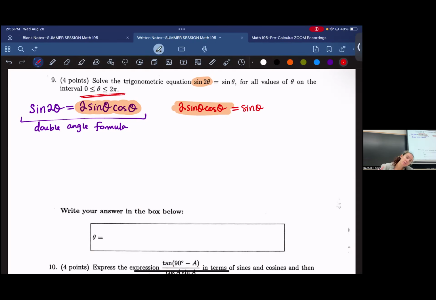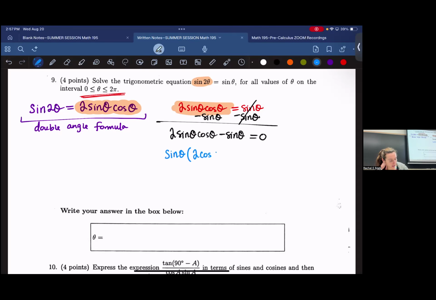Then I'm going to subtract sine theta from both sides, so 2 sine theta cosine theta minus sine theta is equal to 0. We can factor out a sine theta from each term, and we get sine theta times (2 cosine theta minus 1) is equal to 0.